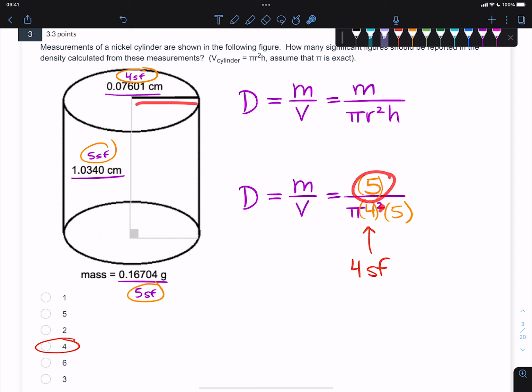This is just putting the sig fig count in and seeing that the weakest link is the 4 sig figs held within the radius. Therefore, your answer is 4 sig figs. So you could totally do the actual math. I don't want people thinking this is a calculation, but you could totally do the actual math and get some long string of numbers, and you would report just 4 of those digits.